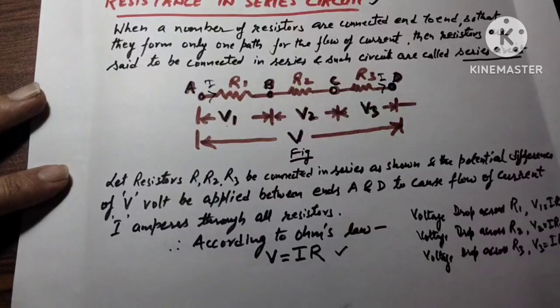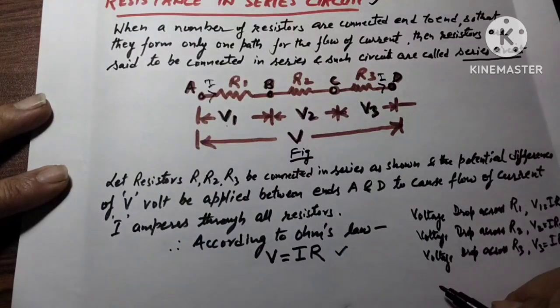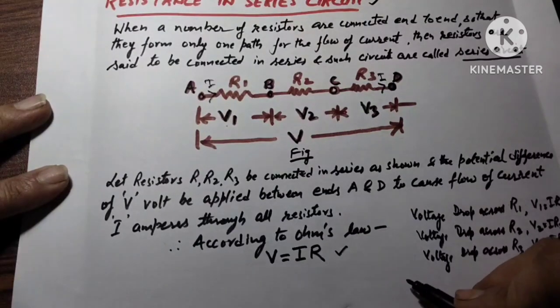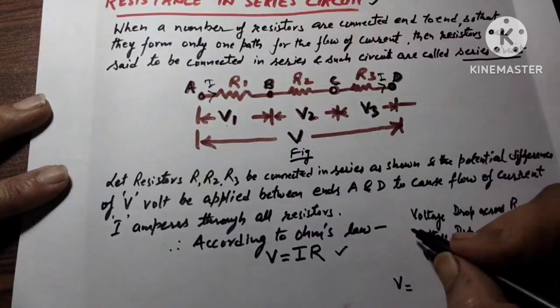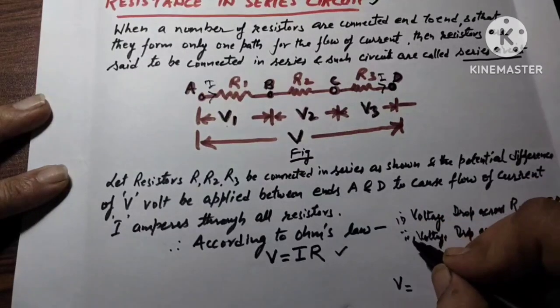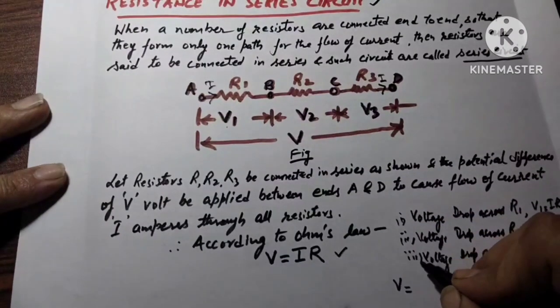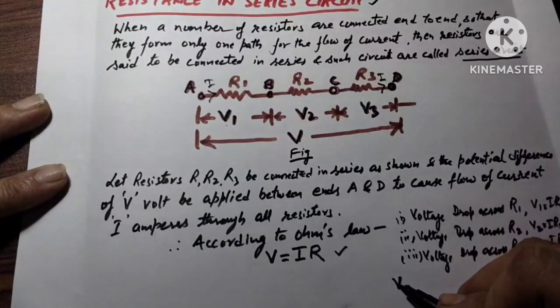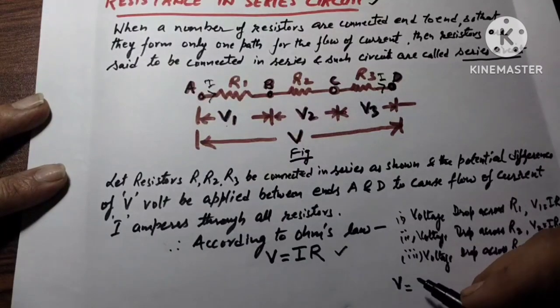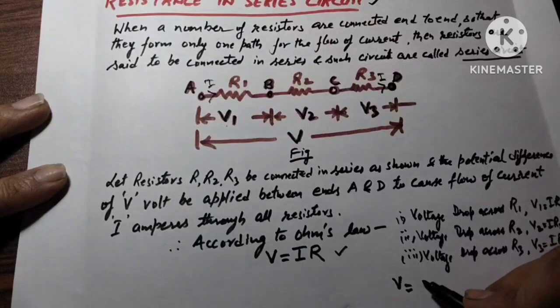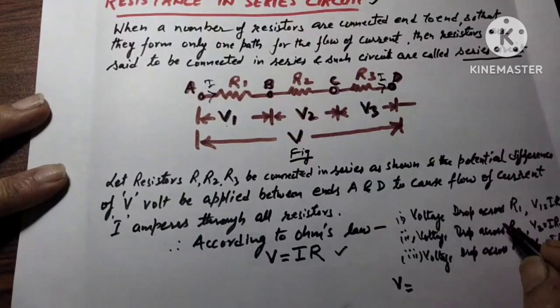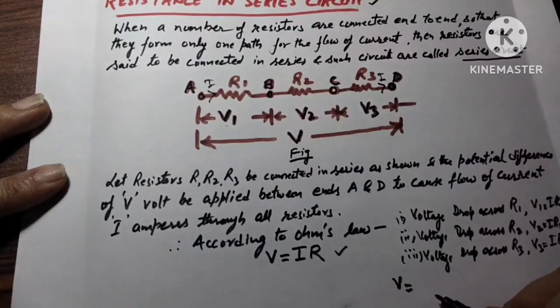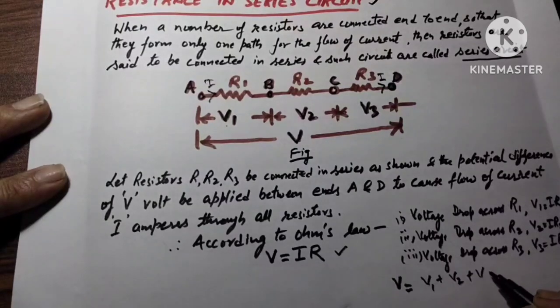So the total voltage across the whole circuit is nothing but the voltage drop across the resistors. This is 1, this is 2, this is 3. The voltage drop across the total A to D is the combined voltage drop across the resistors R1 plus R2 plus R3, that is V1 plus V2 plus V3.